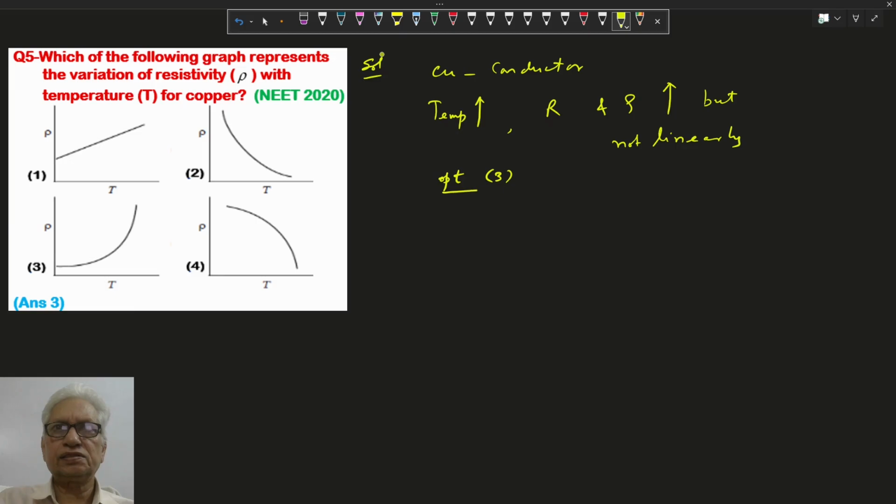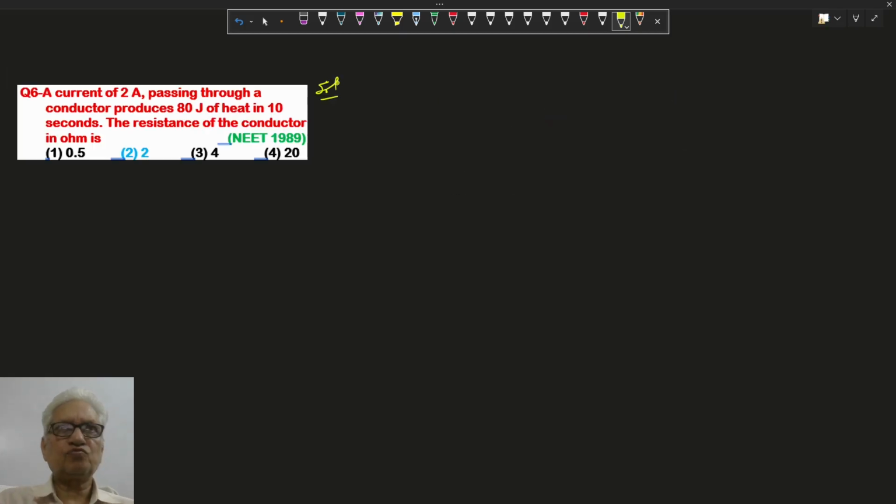In this question, a current of 2 ampere is passing through the conductor, energy 80 joule in time. You have to find out the resistance.